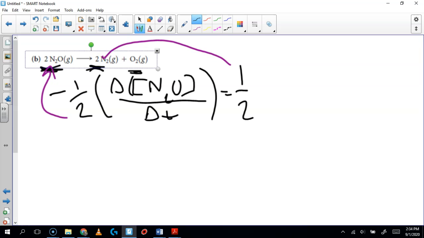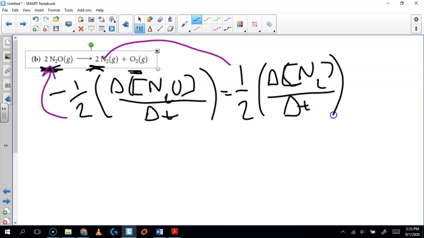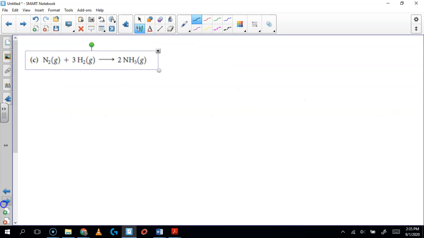And so that's positive the change in concentration of N2 over the change in time, equals the change in concentration of O2 over the change in time. Okay, so that's how the related rates are written in terms of a rate expression. Okay, let's keep practicing it.